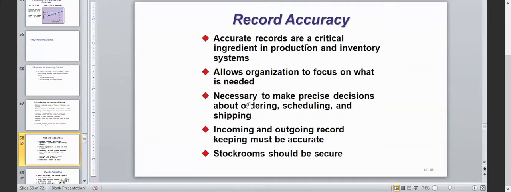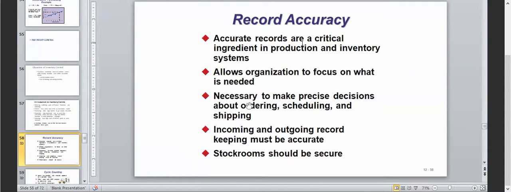Another important element under inventory control is record accuracy. Record accuracy, ketepatan maklumat, kan? Ketepatan record adalah penting juga untuk pengawalan inventory.